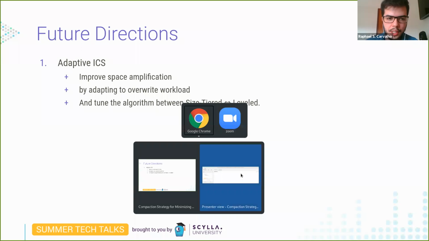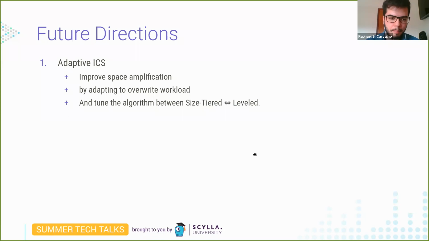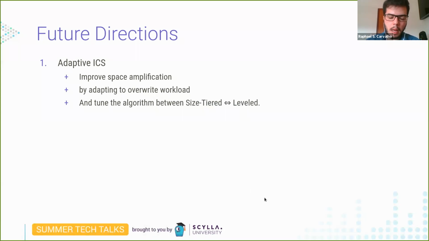Basically, the idea behind adaptive compaction strategy is to have a hybrid approach, because ICS works with size tiers. It has the size tier nature. So the idea is basically about using a hybrid approach where we use the concepts behind size tiered and leveled depending on the workload.